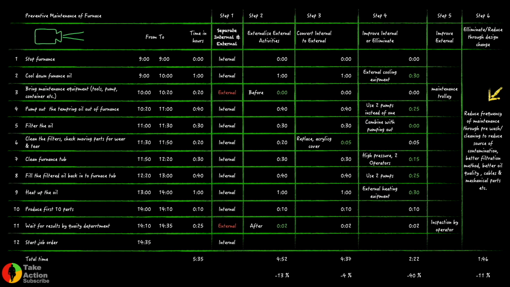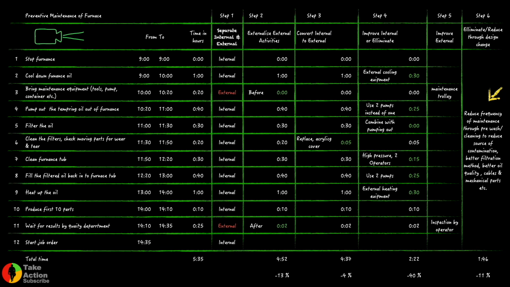We are doing it at the moment every week, because the oil gets dirty, the cables are breaking, and we have wear and tear of the moving parts. Instead of doing it every week, in step number 6 we can ask what design changes we can make so that we don't have to do the preventive maintenance after 1 week, but maybe after 2 weeks or maybe 3 weeks.